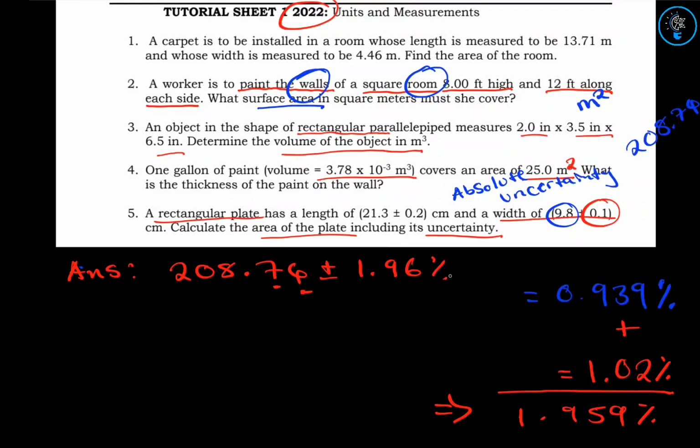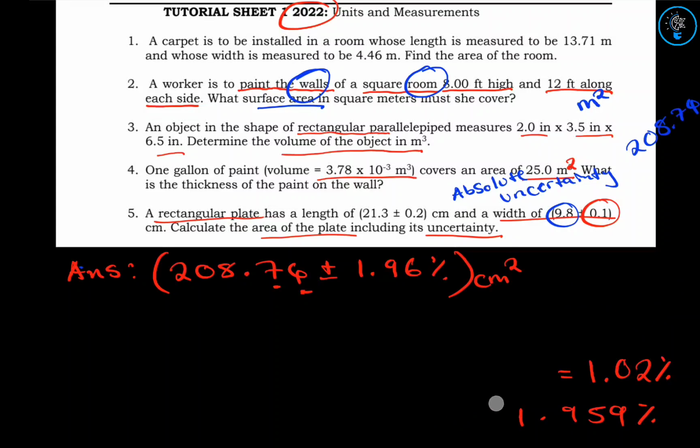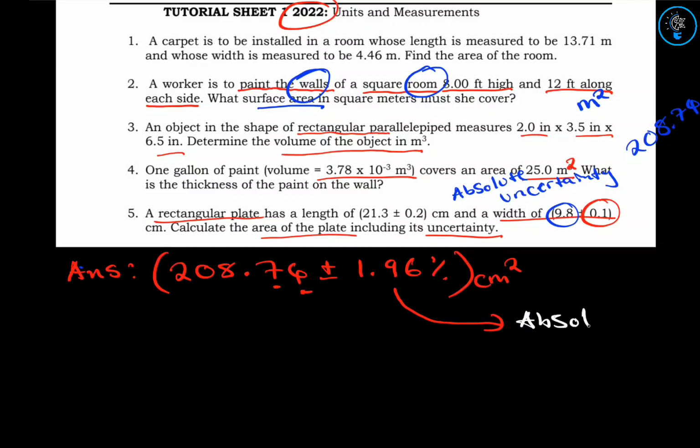You can write it this way. And don't forget, we are dealing with centimeters squared. Or if you are a genius, you can consider converting this into absolute uncertainty.